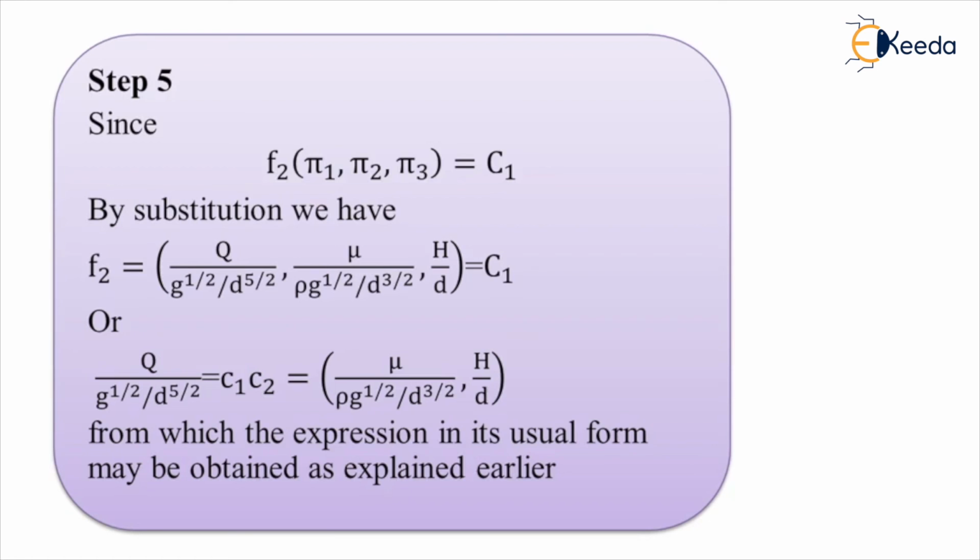And we get Q upon g raised to 1 by 2 into d raised to 5 by 2 is equal to a function of mu upon rho g raised to 1 by 2 into d raised to 3 by 2, comma H upon d.